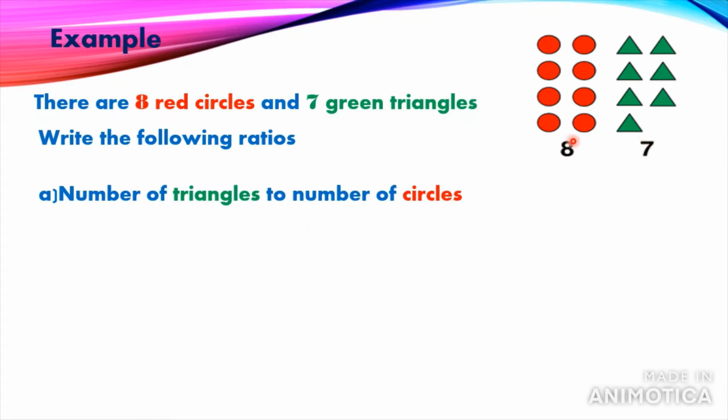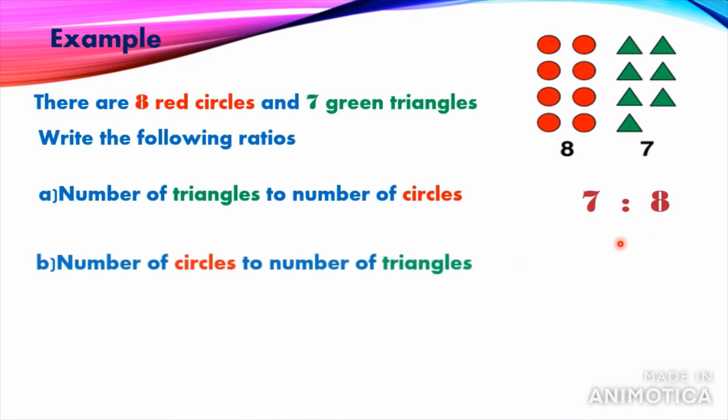I have 7 triangles and 8 circles, so the ratio must be 7 to 8. B, number of circles to number of triangles. So the ratio will be 8 to 7.